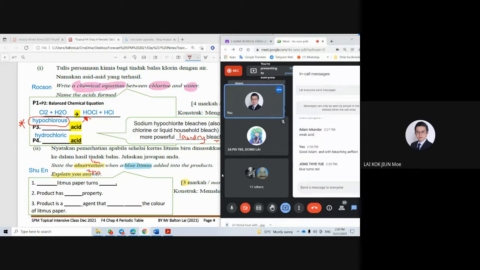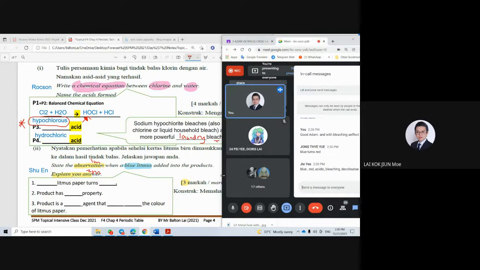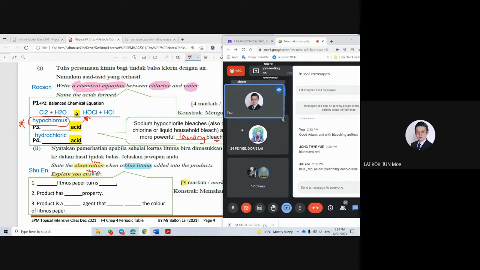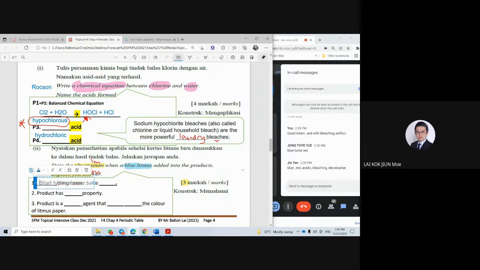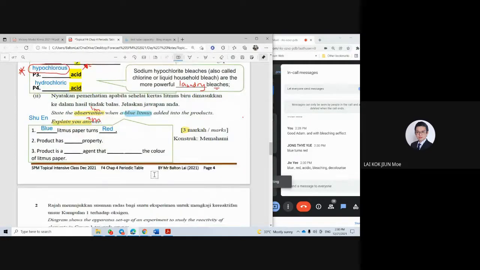Yes, thank you, very good. Well done. Blue to red. You remember, BN, Bahasa Melayu, biru merah, the acidic one. Once you fill your BN in SPM, then you can go home, no need to sit the exam anymore.